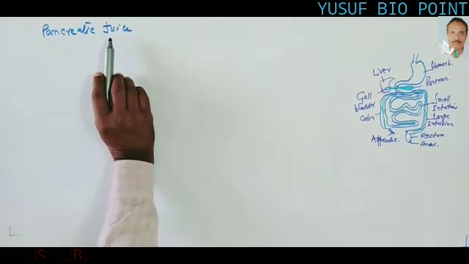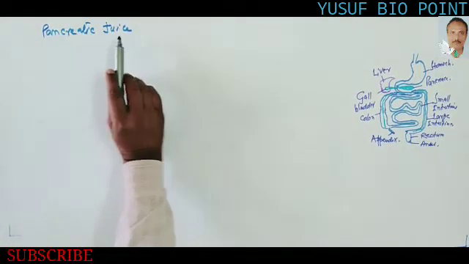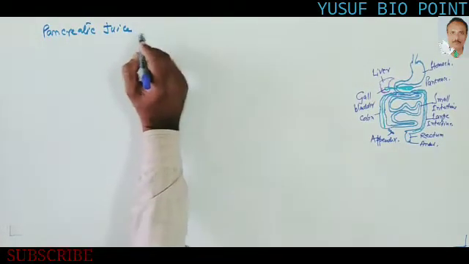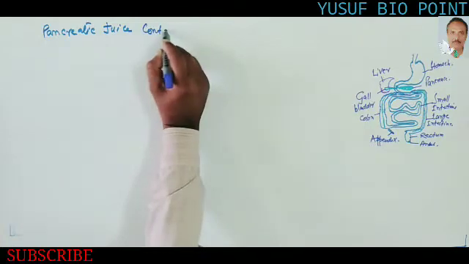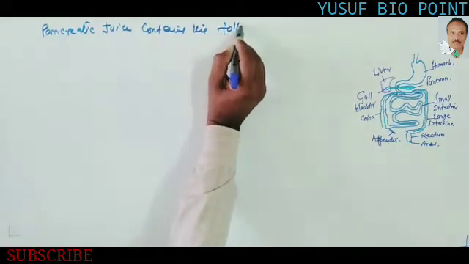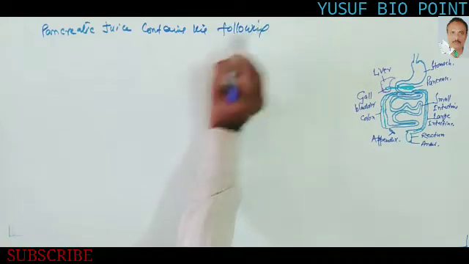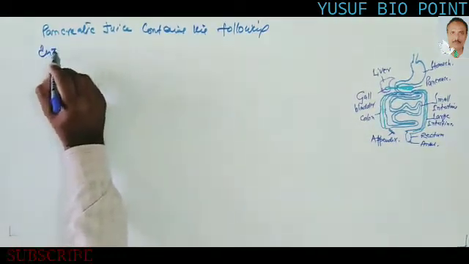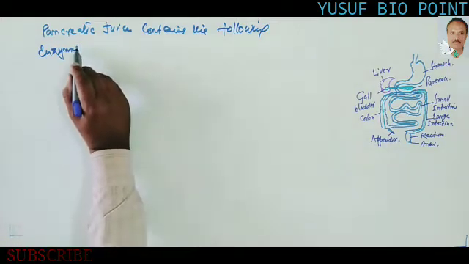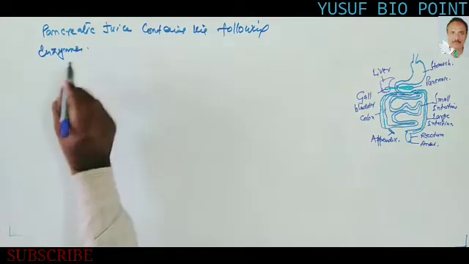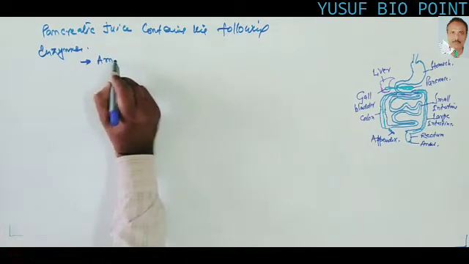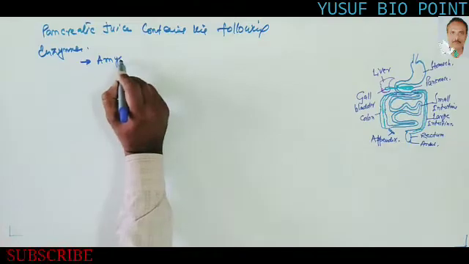Pancreatic juice, which is secreted from the pancreas and opens in the small intestine, contains the following enzymes, which help in the digestion. These enzymes are amylase.